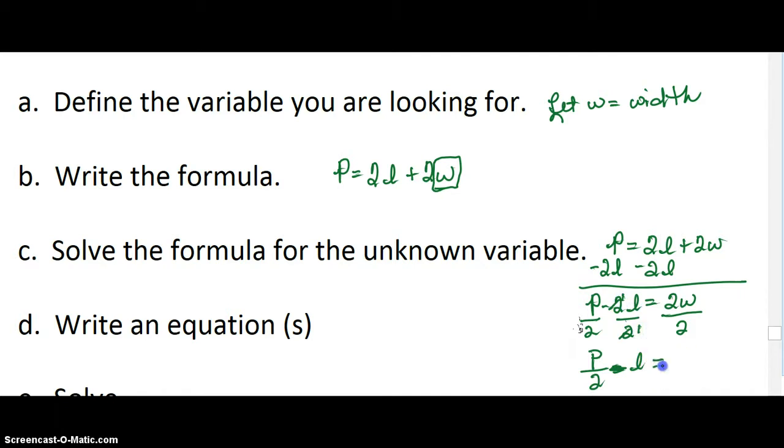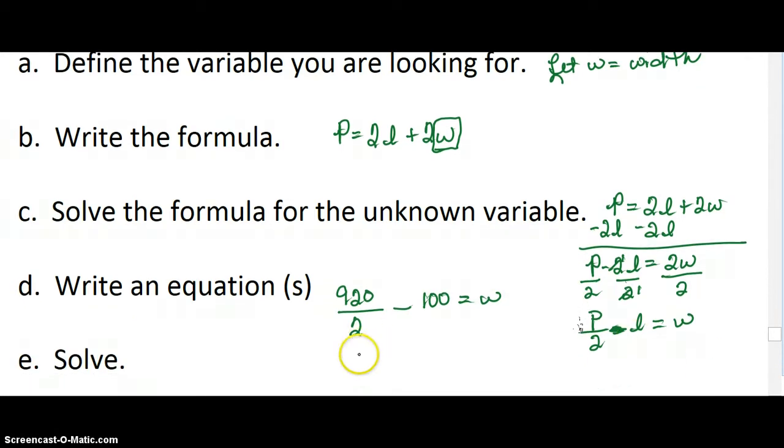Okay, equals W. Now I just have to plug in what I know. So perimeter, they told me already, was 920 divided by 2 minus the length, which they said was 100, equals W. Now we just put this in our calculator.